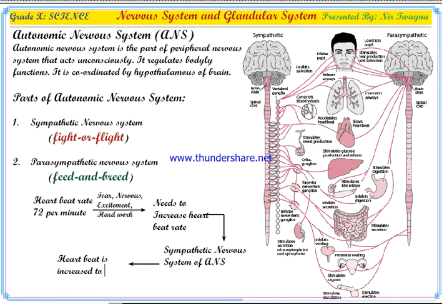The heartbeat is increased to, let's say, 120 per minute. At 120 per minute, your body will get a sufficient amount of oxygen, and you can respond very quickly and very effectively.